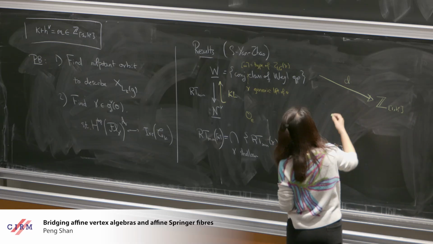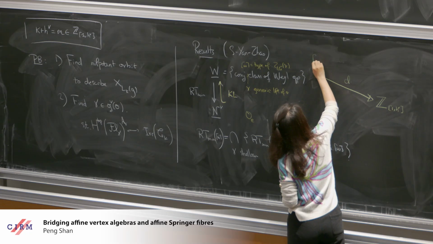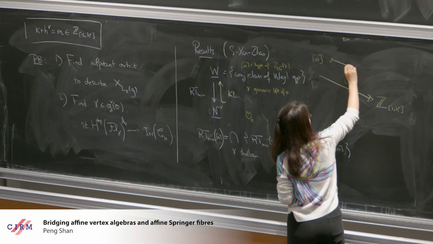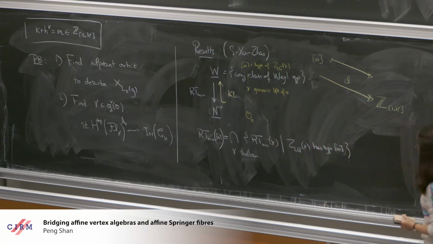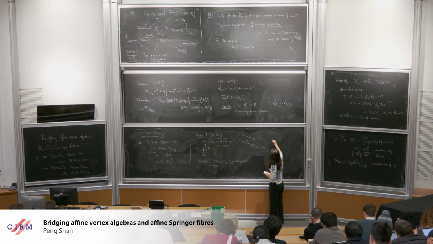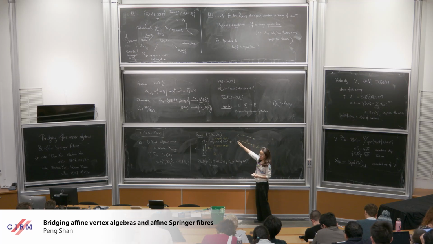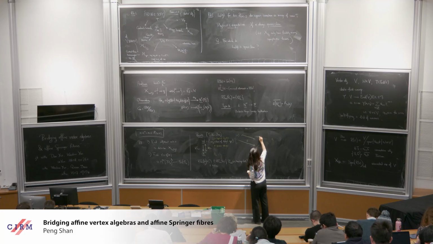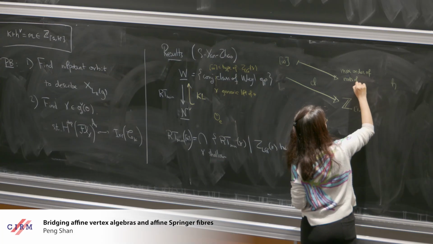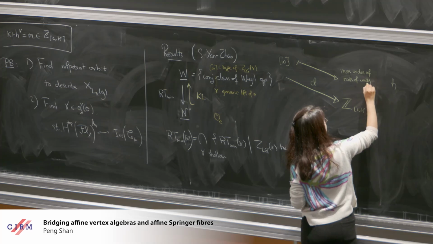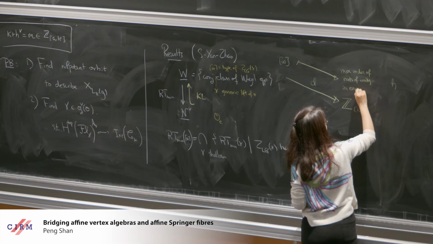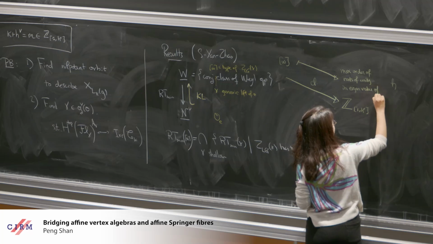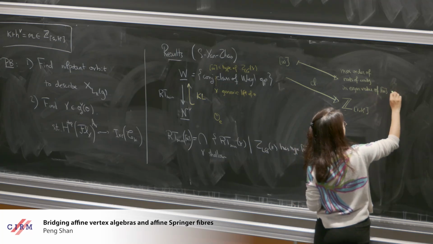You have a conjugacy class, and then w acts on the Lie algebra h by the usual reflection representation, and its eigenvalues are some roots of unity. You just take the maximal order of roots of unity in the eigenvalues of w on h.